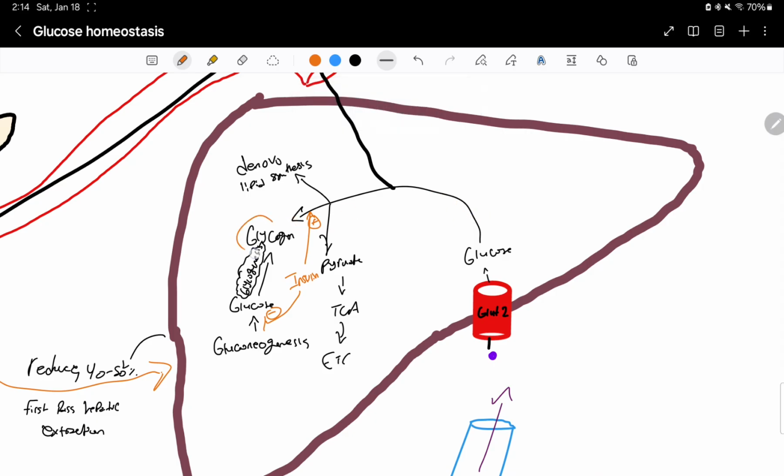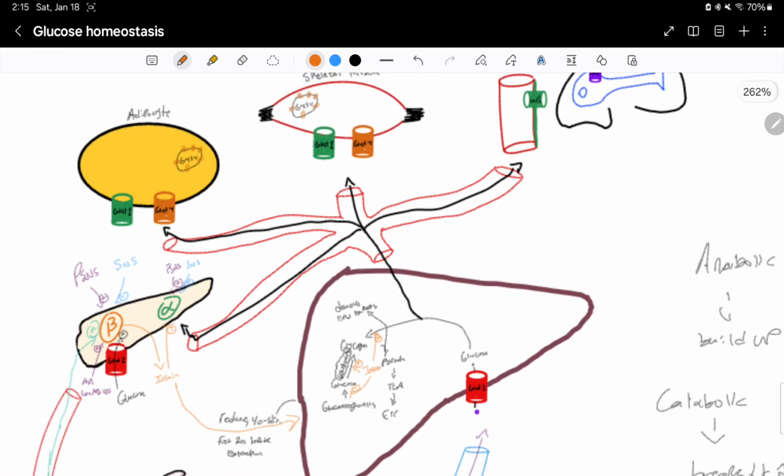So in order to maintain its own glycogen storage, it's going to go through gluconeogenesis, make glucose, and the glucose that it made from gluconeogenesis is going to be converted into that glycogen. So we can actually put an arrow here for insulin stimulating glycogenesis as well. Okay, awesome.